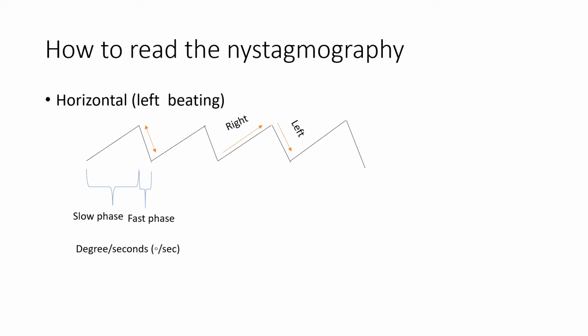The steepness of the line will indicate the phase of the eye movement. The steeper lines indicate the fast movement, while the flatter lines indicate slow phase eye movement. So the slow phase will show the direction of the nystagmus in degrees per second.